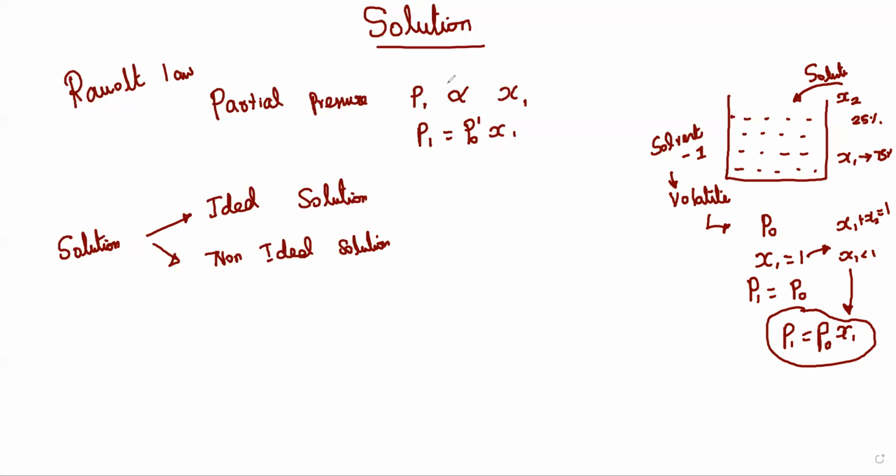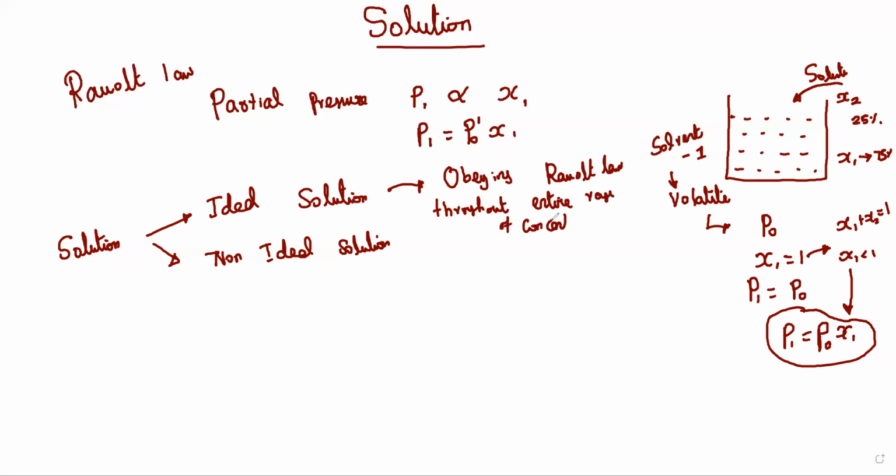So the condition of being an ideal solution is obeying Raoult's law throughout the range, throughout all the parts. Entire range of concentration is the meaning.